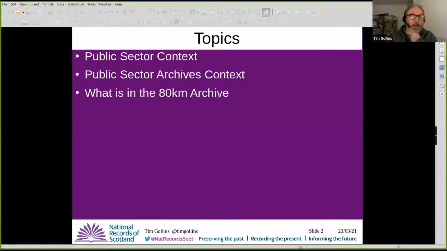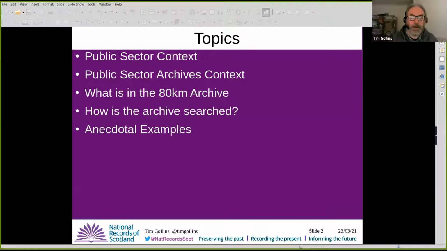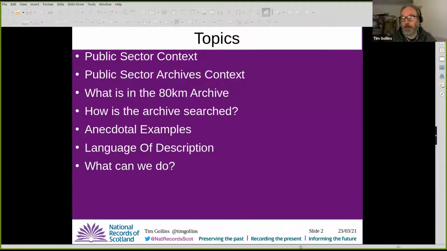Then I'm going to talk about what's on our 80 kilometres of shelves, and then say a little bit about how you search an archive, and then give some anecdotal examples, perhaps to illustrate where some of these biases come from. Talk a bit about language of description, and then finally ask some questions about what we can do.